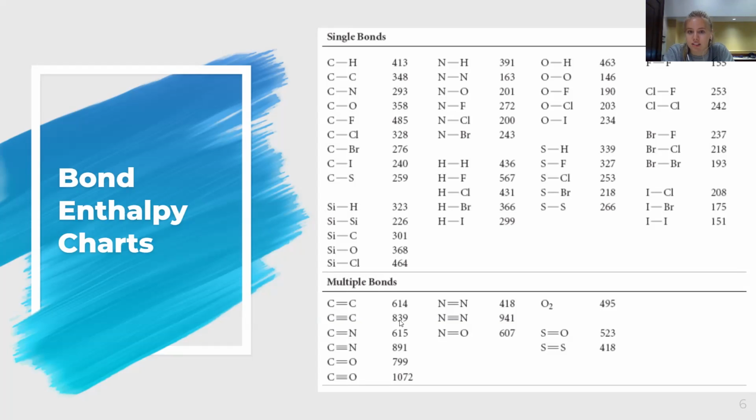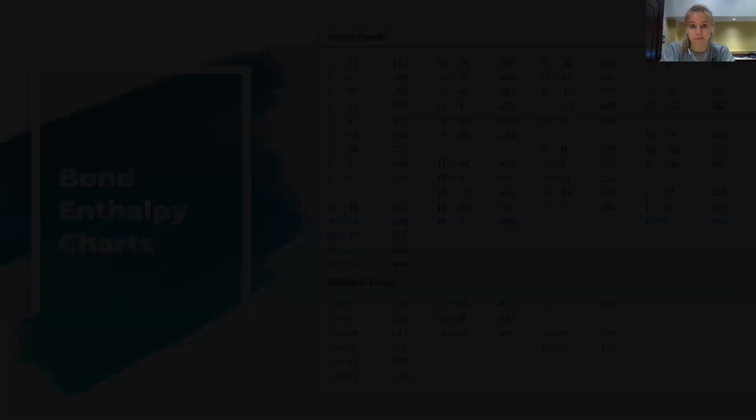You're not going to get 614. You're going to get a very different number and your results are going to be skewed as a result. So just be very, very careful. Don't multiply by 3, don't multiply by 2; multiply it by 1 or however many you have of that specific bond. But if it comes to double bonds or triple bonds, do not multiply them thinking that you can just multiply single bonds, because that will be very unfortunate.